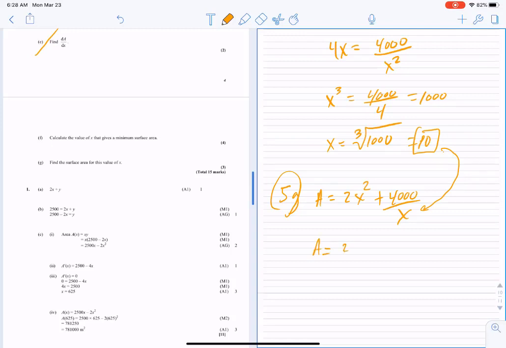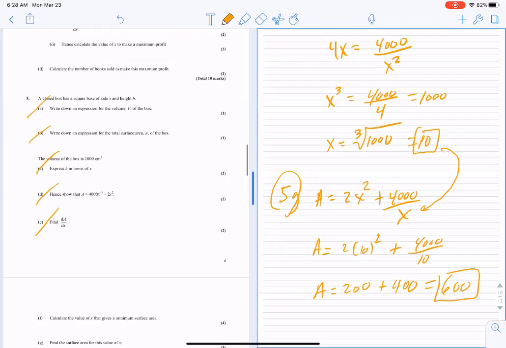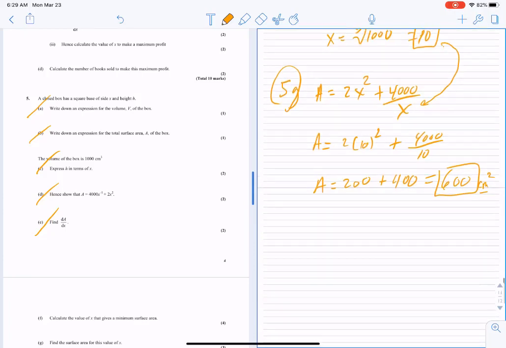So this area is going to be 2 times 10 squared plus 4,000 over 10. That's going to give me 200 plus 400, which is 600. And this will be in whatever units they're using. I don't know, centimeters. So square centimeters, we'll call that. Okay, that's your surface area, and that's your answer for that one.